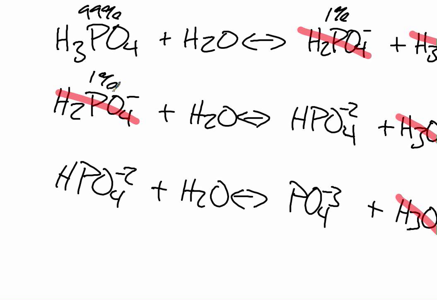So only 1% of that could actually end up as hydrogen phosphate, could produce hydronium ion. So what's 1% of 1%? So only like 0.01% of the solution is going to end up contributing to that hydrogen ion there. And then that transfers down here too.